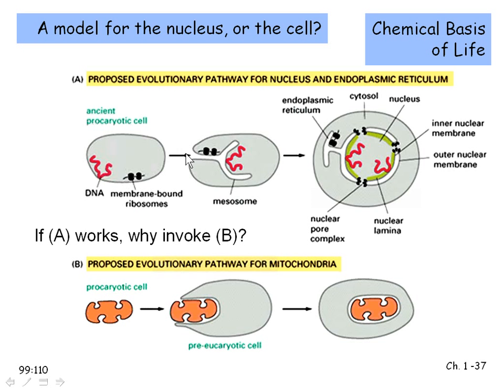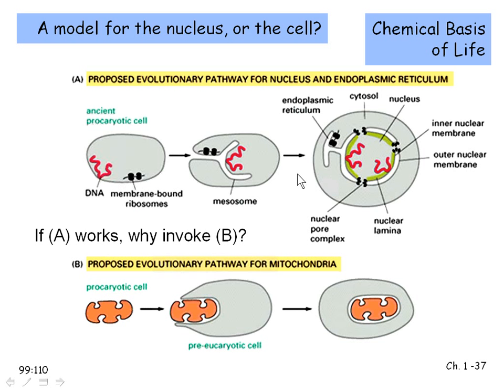So the proposal is that by just geometric rearrangements, you could start to make a compartment around the DNA. You can imagine the cell membrane invaginating here and here to create this kind of bay for the DNA, and the ribosomes remain there on that membrane. And it's just a little bit more of a geometric rearrangement to get from there to there.